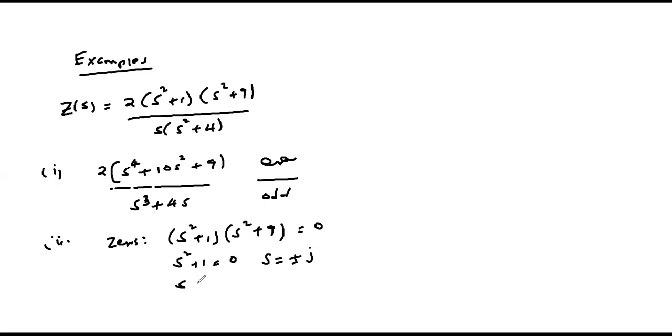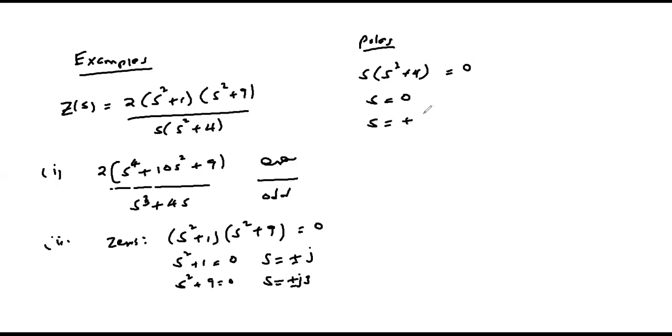Then S squared plus 9 equals 0, which gives S equal to plus or minus j3. If we solve for the poles, S into S squared plus 4 equals 0, which means S equals 0 is one of the poles, and S equals plus or minus j2 are the other poles.